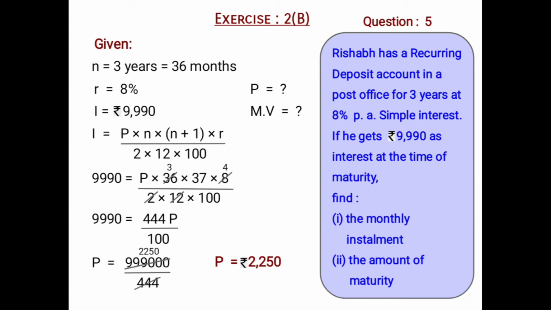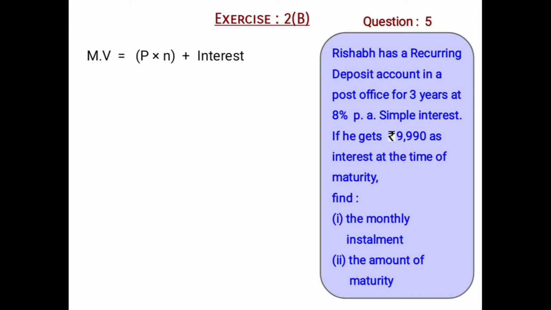Next, we are going to find the maturity value. For that, we are using this formula because we know the value of interest. Now we are going to substitute the values of P, N and interest. MV is equal to 2250 into 36 plus 9990.